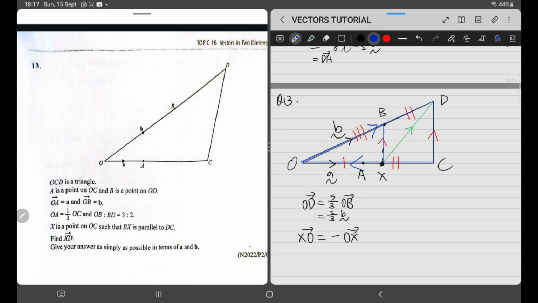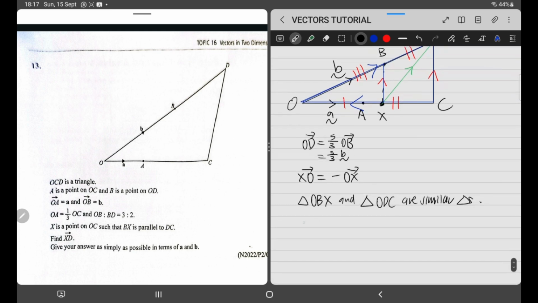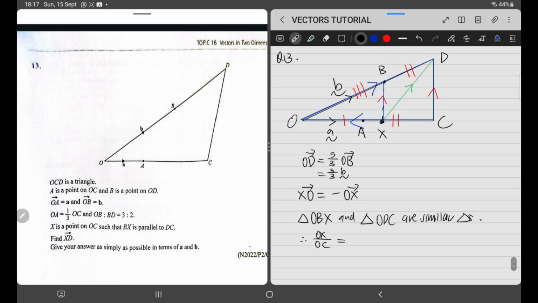They are all just similar triangles, right? So in that sense, triangle OBX and triangle ODC are similar triangles. Therefore, OX over OC equals OB over OD.